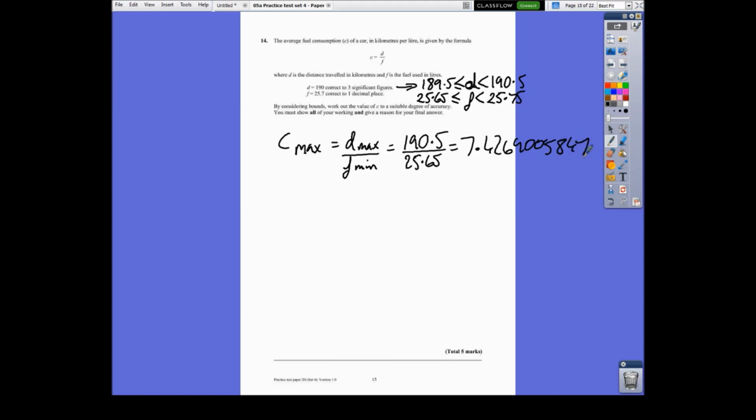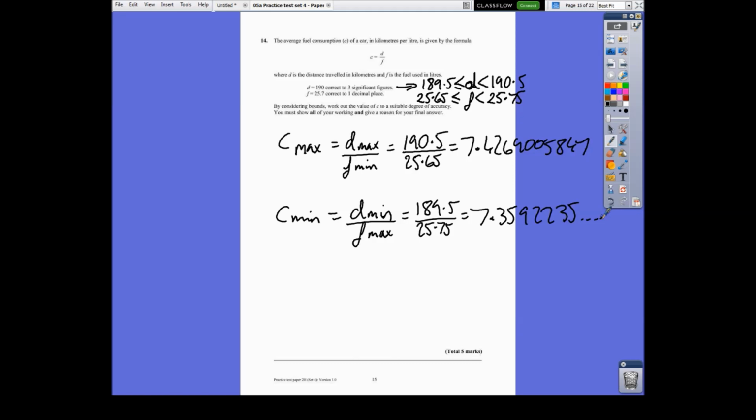And that would give you 7.4269005847. To work out the minimum fuel consumption, you want to do the minimum D divided by the maximum F. So in this case, it would be 189.5 divided by 25.75, and that would give you 7.35922235. Now, we can see that both of these calculations would round to 7.4 to one decimal place.